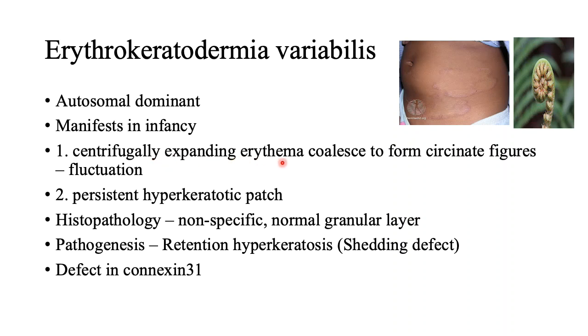This feature is very unstable, that's why the name variabilis. The second feature is persistent hyperkeratotic patch. The microscopic picture in this condition is very non-specific, but the granular layer remains normal. The hyperkeratosis seen in this condition is retention type, and the defect lies in connexin 31.